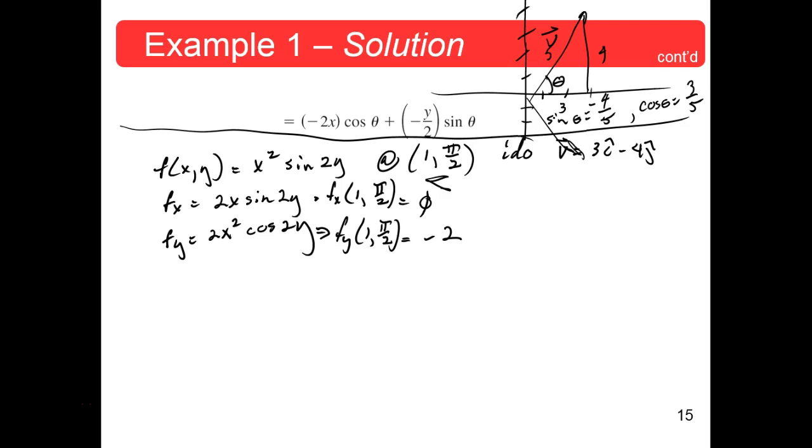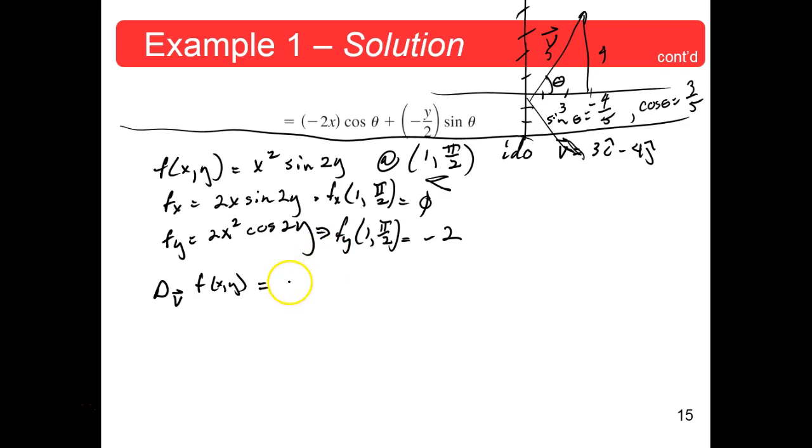All right. So there we've got all that we need. So now the directional derivative in the direction of v, I'm not even going to call it the unit vector, of this function f at x, y, which happens to be 1, pi halves. Your f sub x is 0, so don't even bother writing that one down.